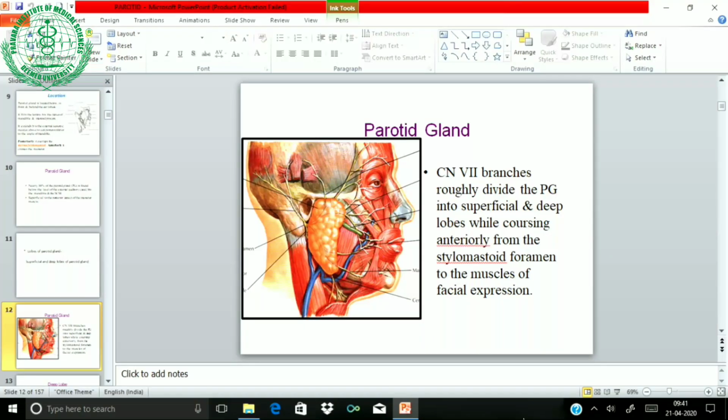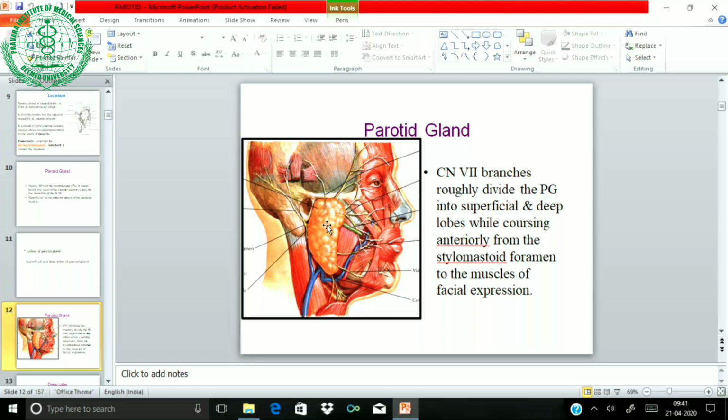Now after this, here you can see all of you, this orange color is the parotid gland, and here the green color is the parotid duct or Stenson's duct, which opens inside the oral cavity near the crown of the second molar tooth.